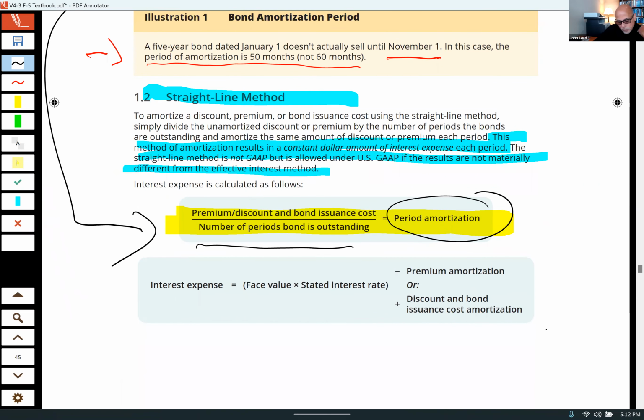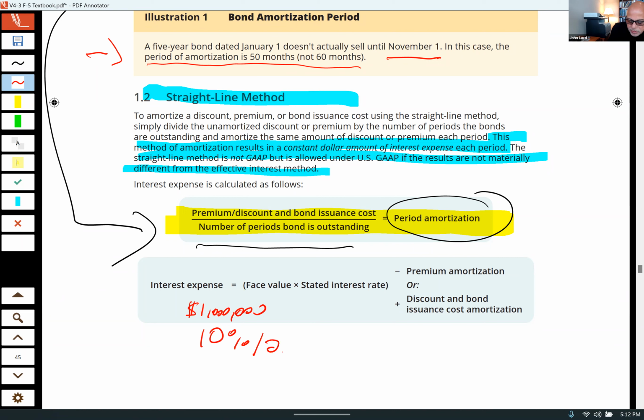Now, our interest expense will always start out by taking the face of the bond. In the example we were using from last week, we had the $1 million bond. The stated rate on that bond was 10%.